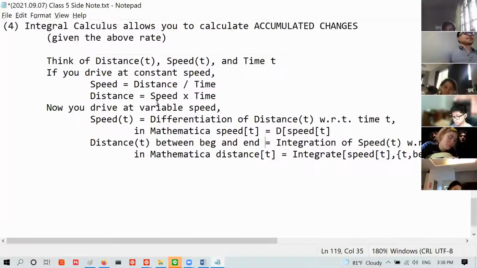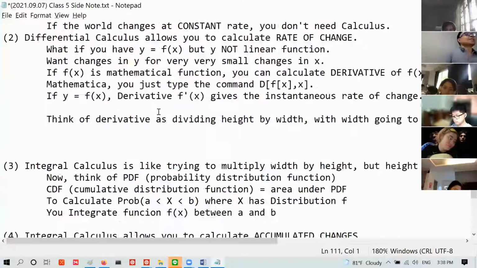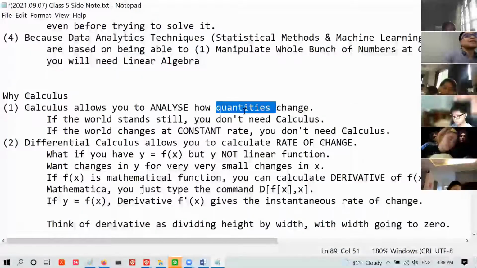So why calculus? Calculus allows you to analyze quantity of change.